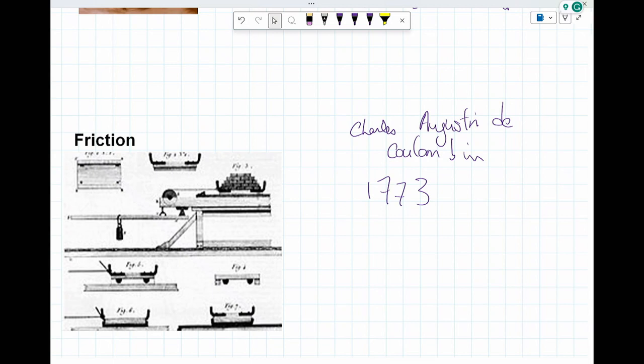If you go outside onto one of the benches and try to do the same thing, you'll rip your hand to shreds. And in the process of doing that, you see different coefficients of friction. And so what Coulomb did was he ended up putting sleds with different weights and measuring what the effective motion was under different conditions. This is extraordinarily clever, especially when you realize that this took place in 1773, and doing these kinds of measurements is hard. It's really hard if you have no good clock.